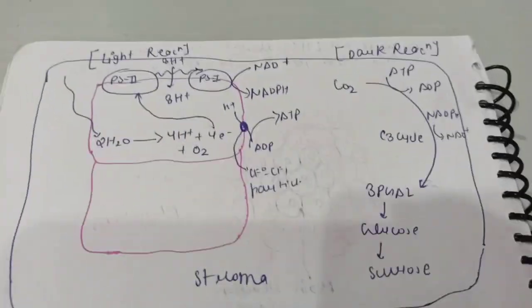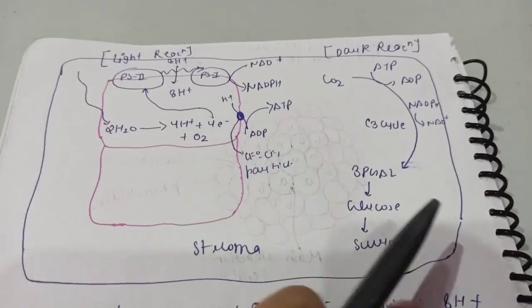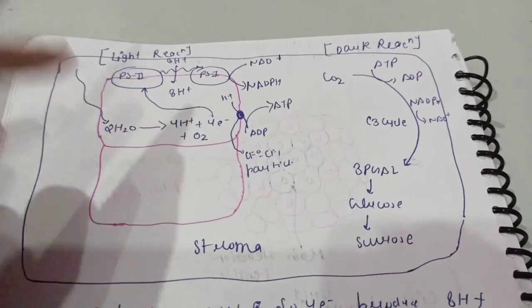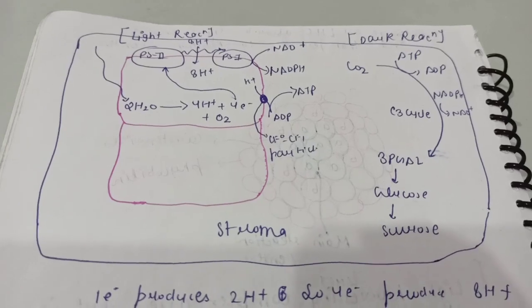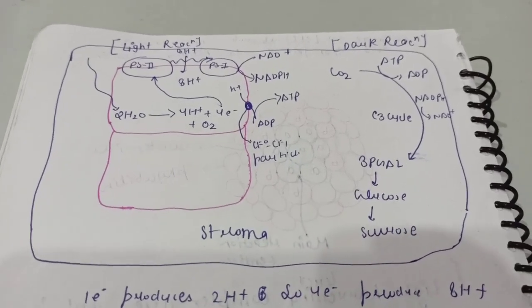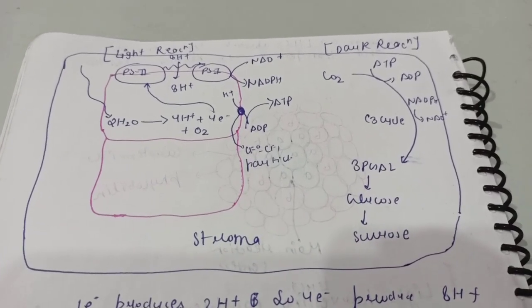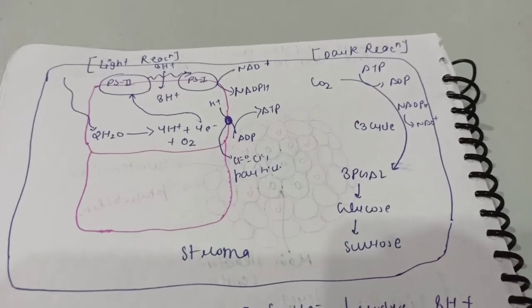Now, very important thing, this is very important. Look at this: this is the stroma part and this is the thylakoid. In the thylakoid a reaction takes place in which two molecules of water break down into 4 H plus ions, 4 electrons and an oxygen molecule.